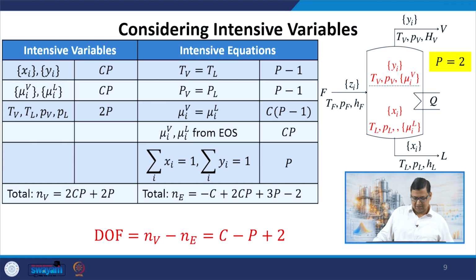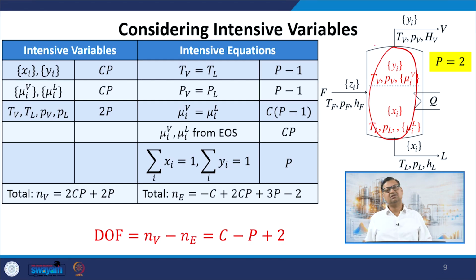So, now I can again do the Gibbs phase rule for this example, and when I am doing that, I will consider only the conditions within the distillation column. Whatever equations I have written now are pretty much the same equations that I had earlier for a multi-phase multi-component case, but I am writing the variables only for 2 phases instead of p phases.